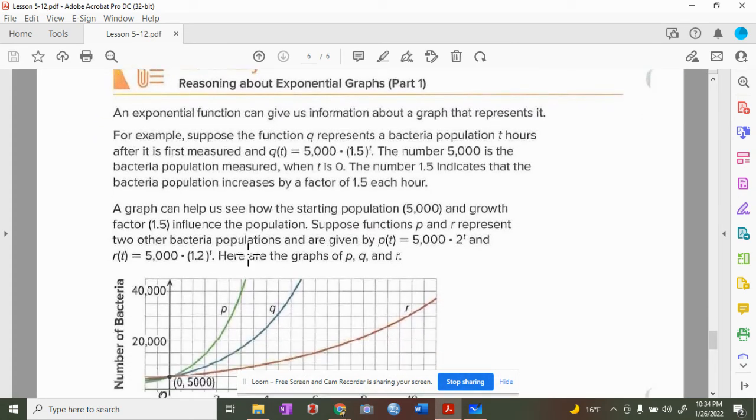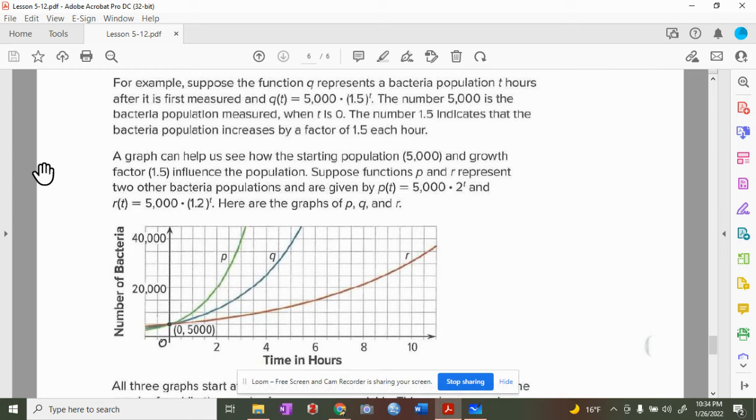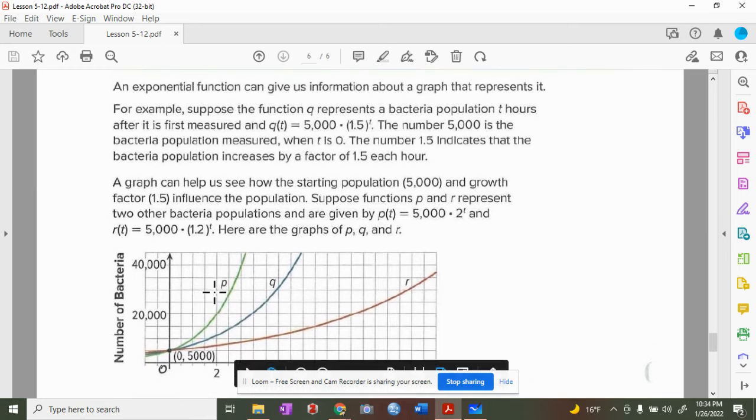Okay. So here we can make decisions about this graph. We can determine which function relates to which image in the graph. So here we have a function with a bacteria population, and that function is Q of t equals 5,000 times 1.5 to the power of t.